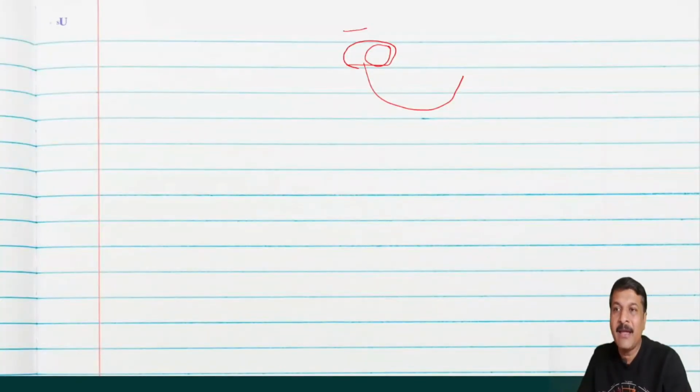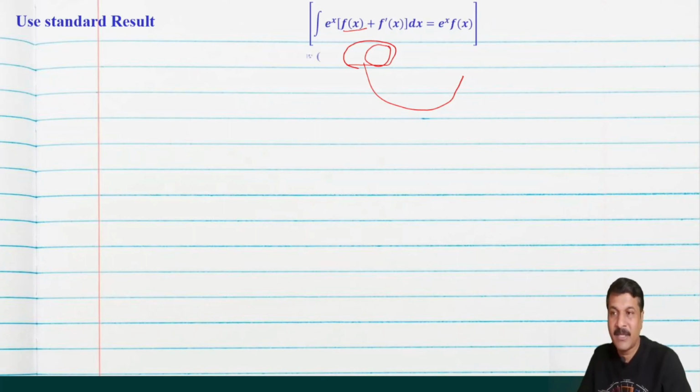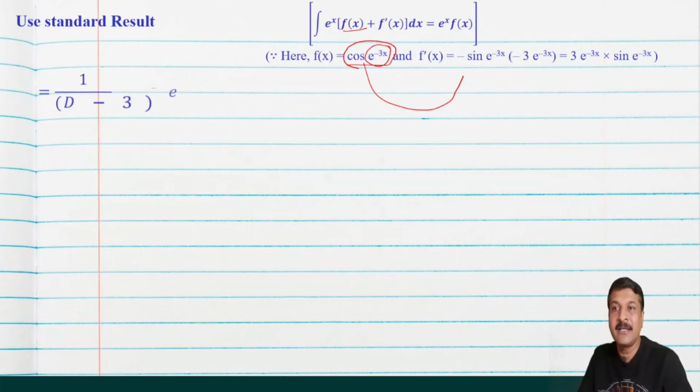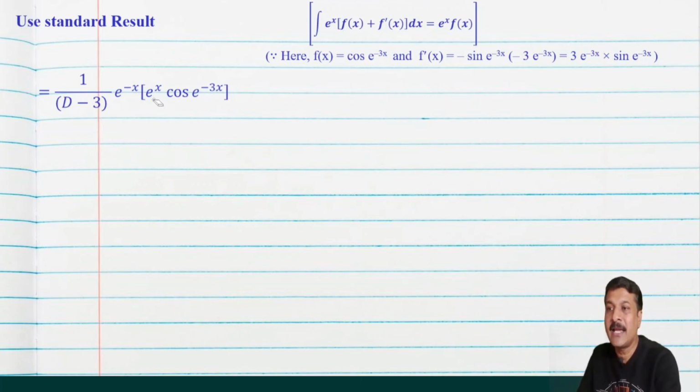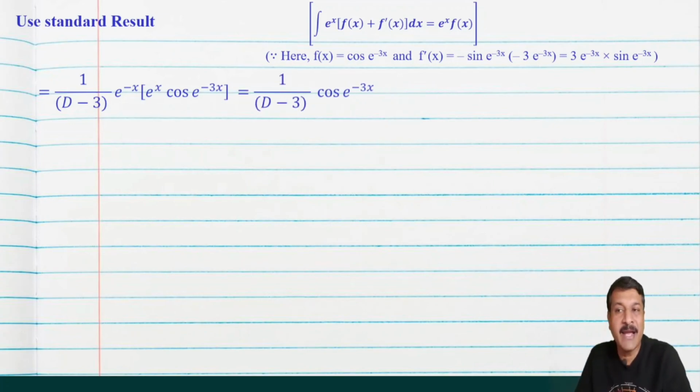And that is why by using this formula directly I can write the integration of this much as e raised to x into f of x. Now simplified, I get 1 upon d minus 3 operating on simply cos e raised to minus 3x. Note this adjustment. This is a very important step here.